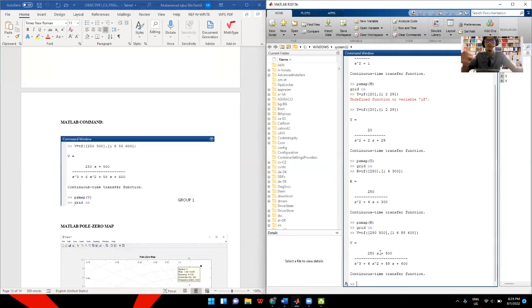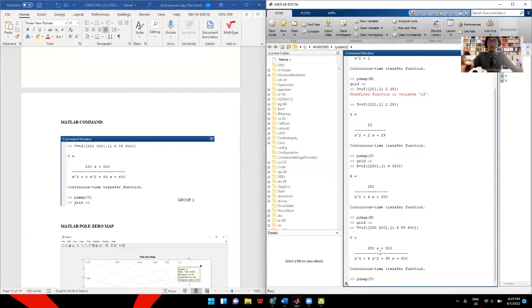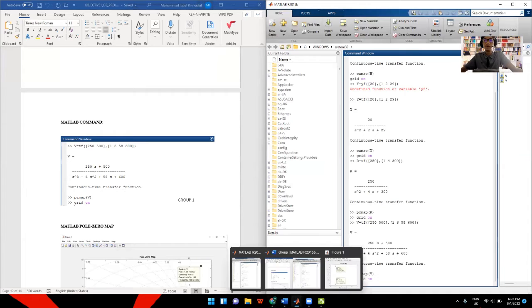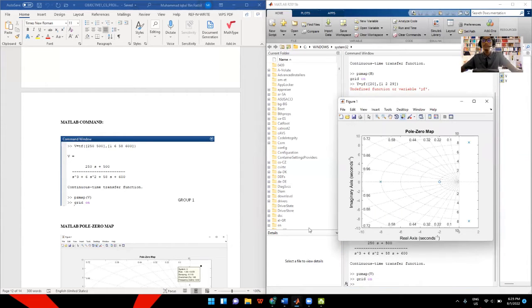Okay, z map b grid 1. So there we see this is the value.